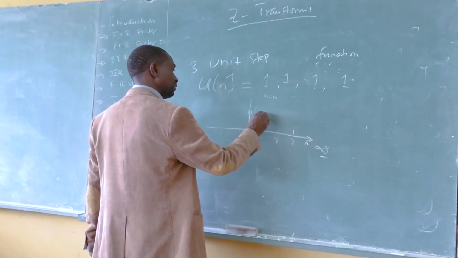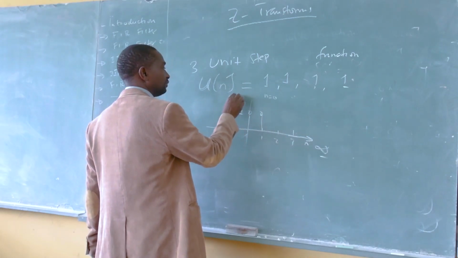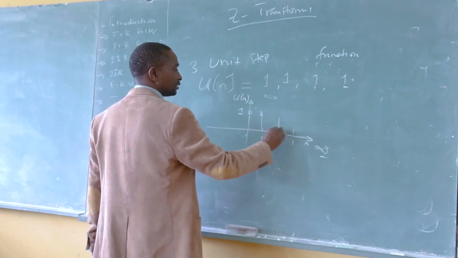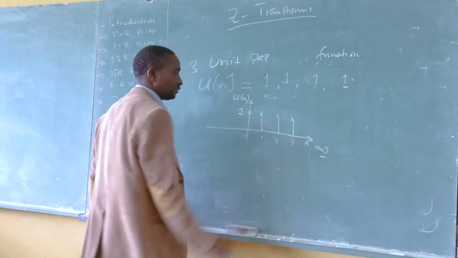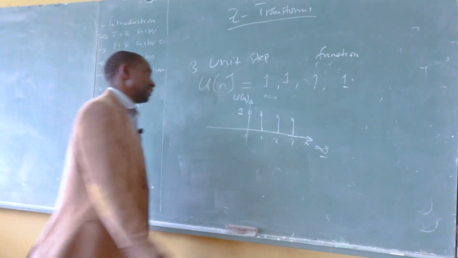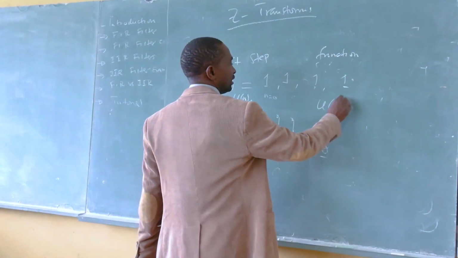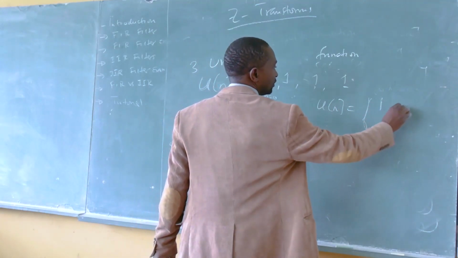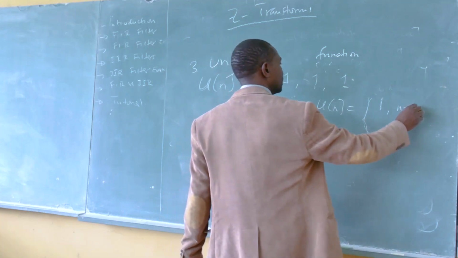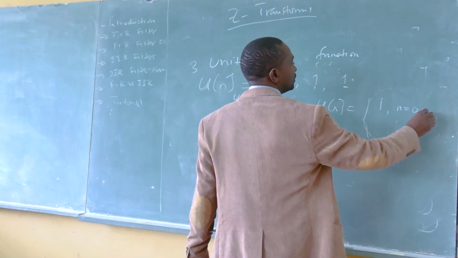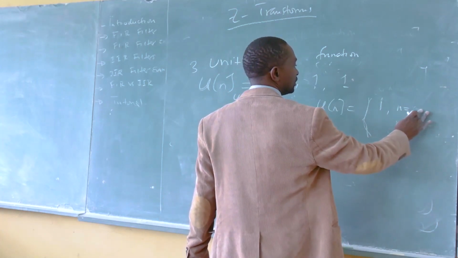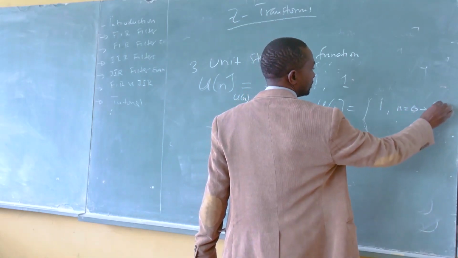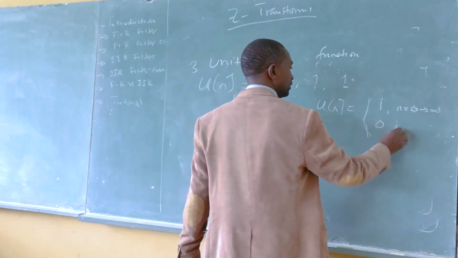At whatever value here, it will have the value of 1, and it can be sketched as follows. So basically, by definition, a unit step function will give a value of 1 from n equals 0 to infinity, and then 0 otherwise.